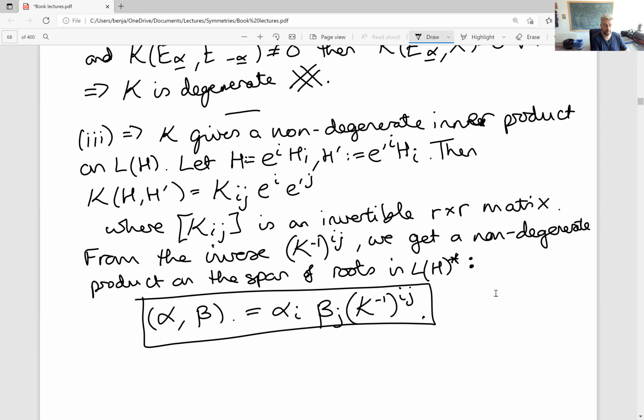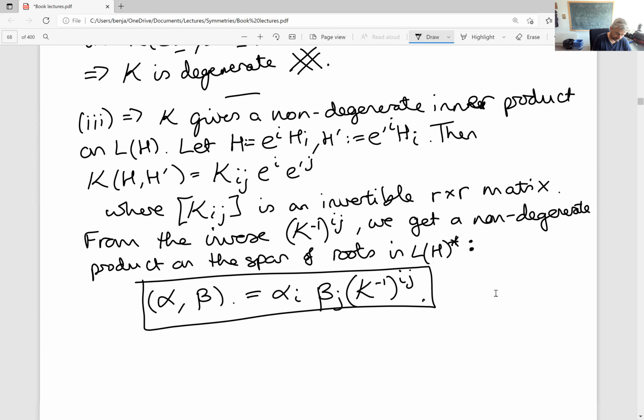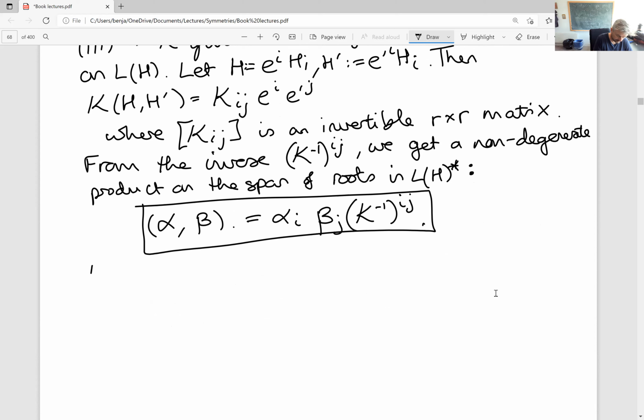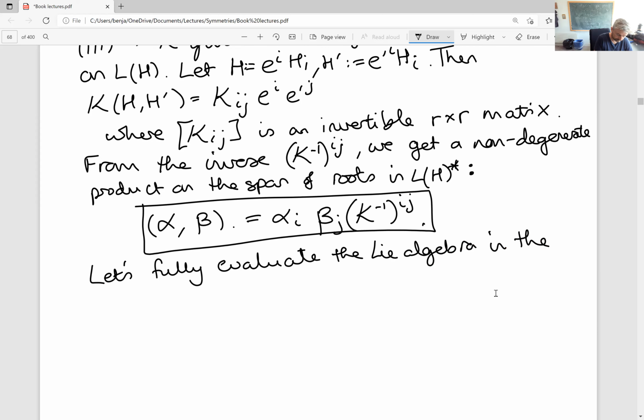All right, let's fully evaluate the Lie algebra now in the Cartan-Weyl basis. We've got some of the Lie brackets so far.